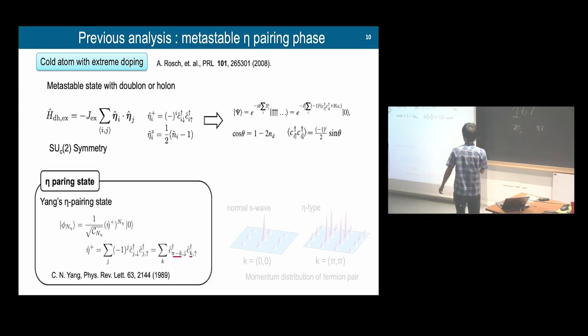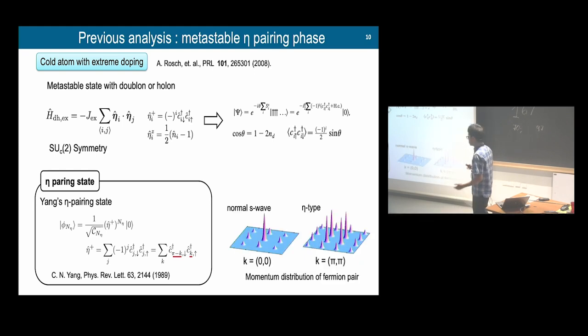If you look at this state in detail, it turns out it can be regarded as a superposition of the so-called Yang eta-pairing state, which is expressed here. And you can see from this definition, this state can be regarded as a condensation of Cooper pairs whose central momentum is located at pi. Usually in the equilibrium s-wave superconductor, we expect that the Cooper pair central momentum is located at 0. So in this sense, it's a special superconducting phase.